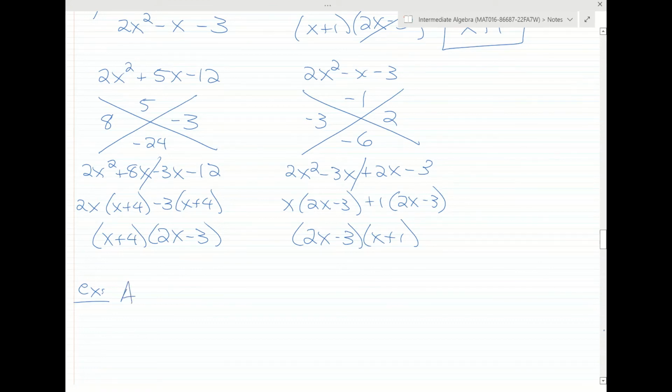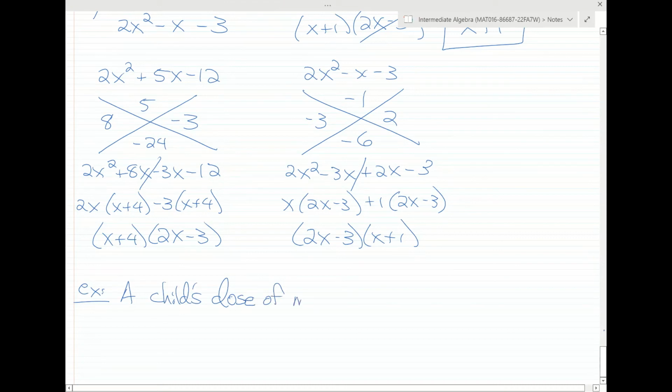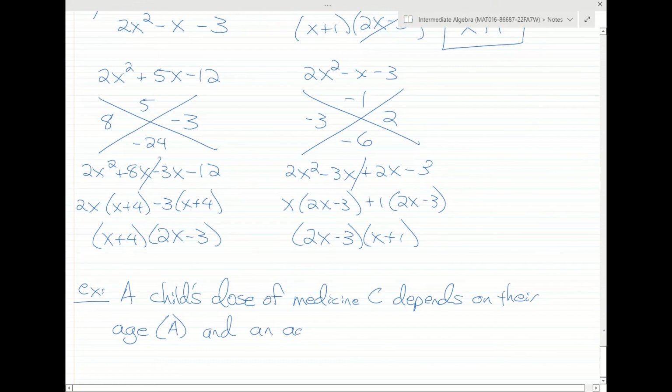It says a child's dose of medicine C depends on their age, which we use A for, and an adult dose, which we use D for.